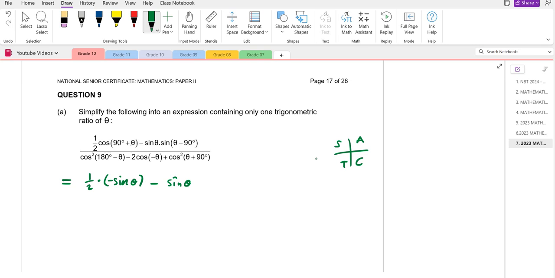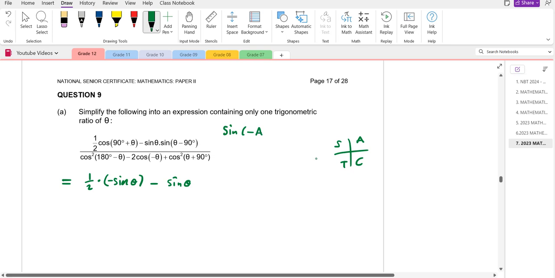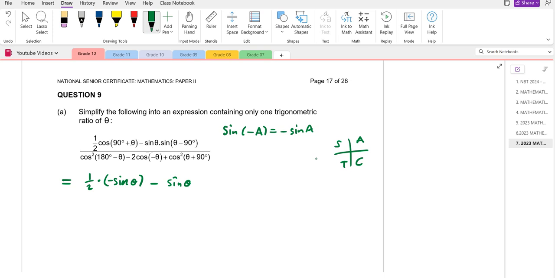Sine of theta minus 90. So what we're going to do is add sine of theta minus 90. We can change it using negative angles. Remember, sine of a negative angle is equal to negative sine of the angle, right? So you need to take out a negative here, so it's going to become negative sine of 90 degrees minus theta, right?